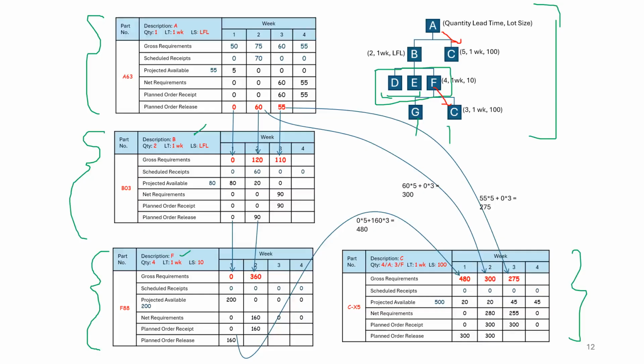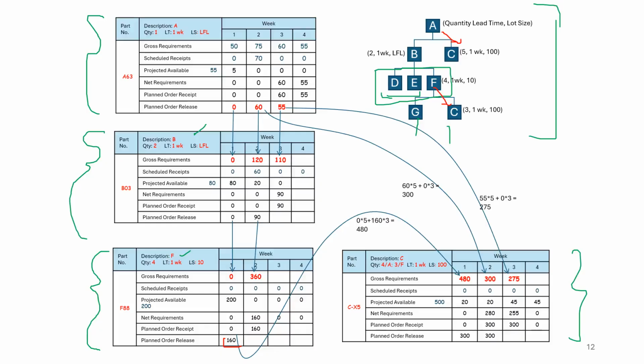So for example, for main assembly A, in week 1, the POR is 0, whereas for the part F, in week 1, the POR is 160. So to manufacture 1 unit of A, we require 5 units of C, and to manufacture 1 unit of F, we require 3 units of C.